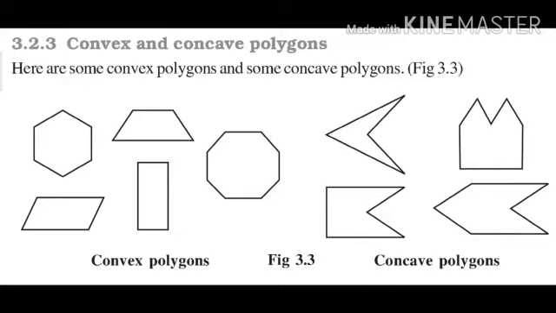One more thing, if you observe the diagonals of the polygons: the diagonals of the convex polygon lie in the interior of the polygon, and in concave polygons one of the diagonals may lie outside, that means outside the polygonal region of the concave polygon.